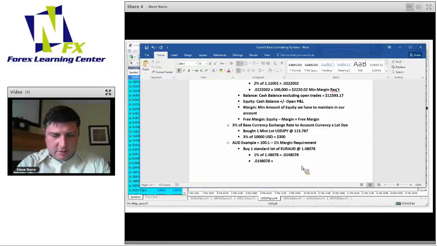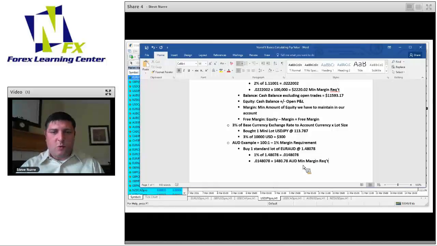So you'd have to put up 1480.78 Aussie dollars minimum margin requirement, and everything else would work roughly the same way.